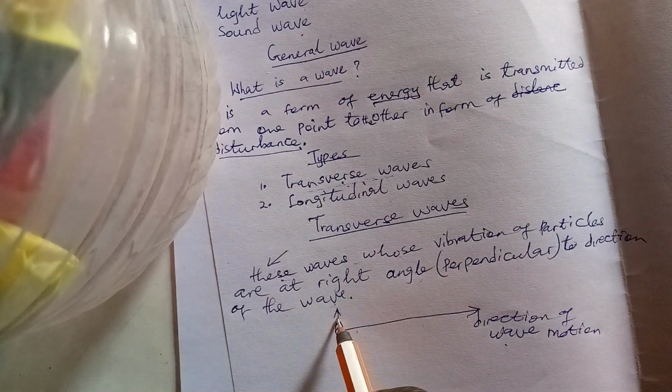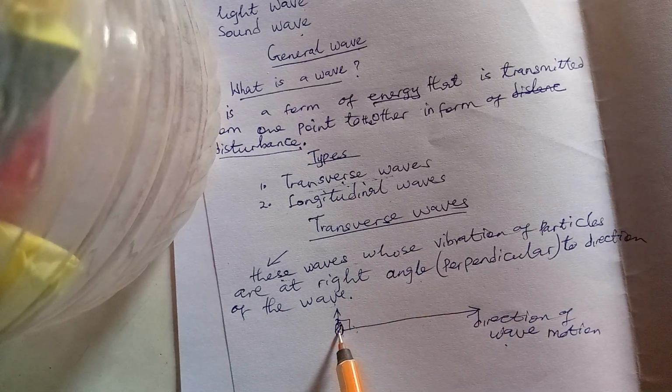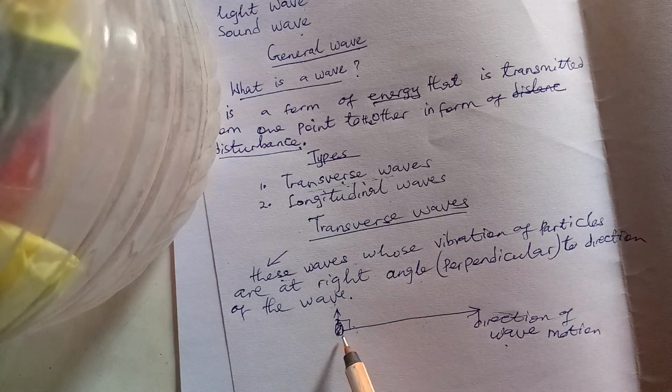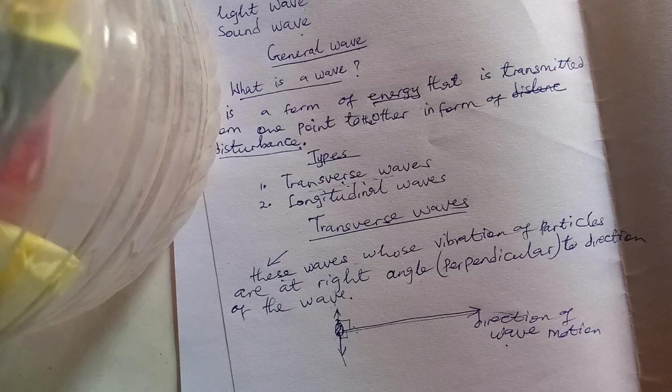Then this particle is vibrating at right angle to the direction of the wave. It means that this type of wave is a transverse wave. Remember, it can also vibrate downward, because even here, this and this form a right angle. So that is a transverse wave.